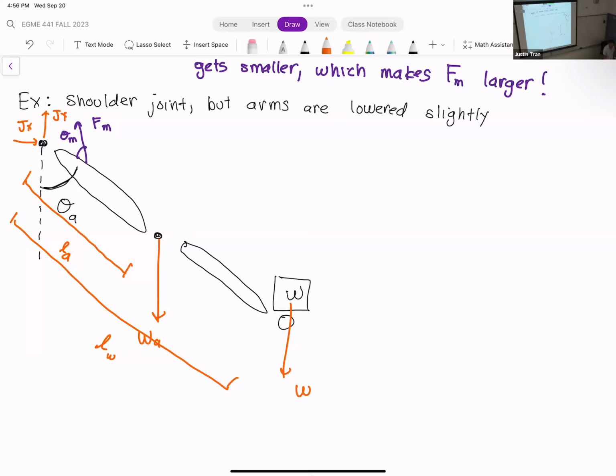So we have JX and JY. Just like we did before, we're going to compute FM, JX, and JY.